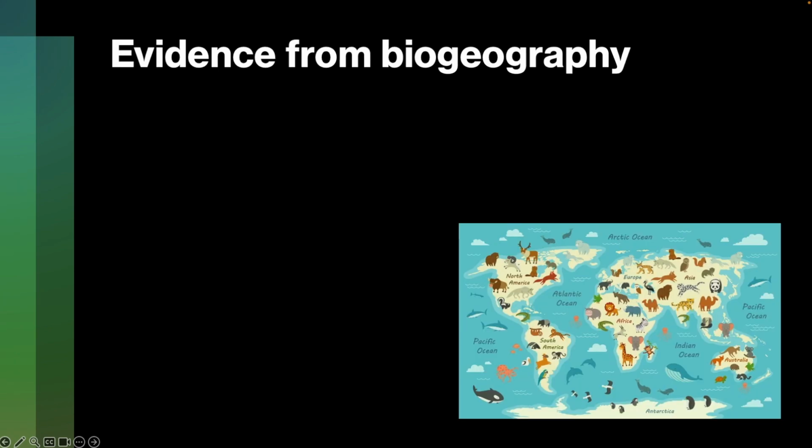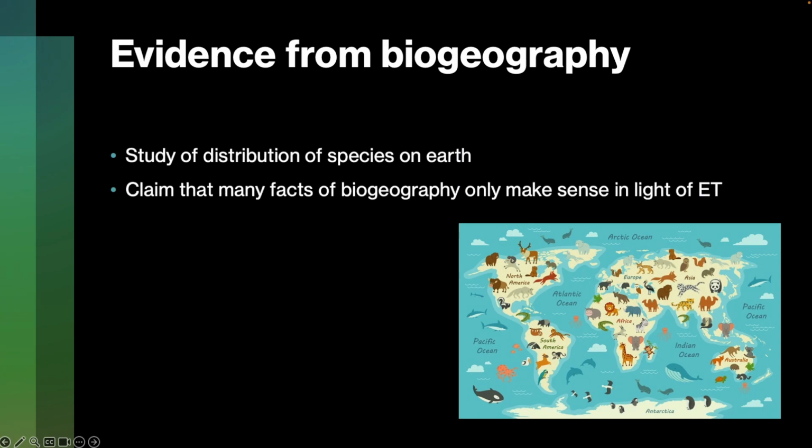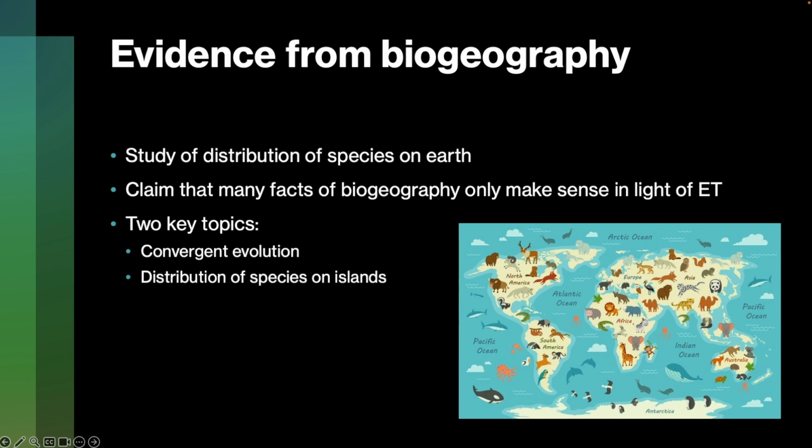Okay, so evidence from biogeography. Something you might notice as we go through a lot of these slides is that they don't really negate intelligent design or creation. They're just making a case that's consistent with evolution. As I was going through this, I'm like, well, how does this really disprove creation? And a lot of times it doesn't.